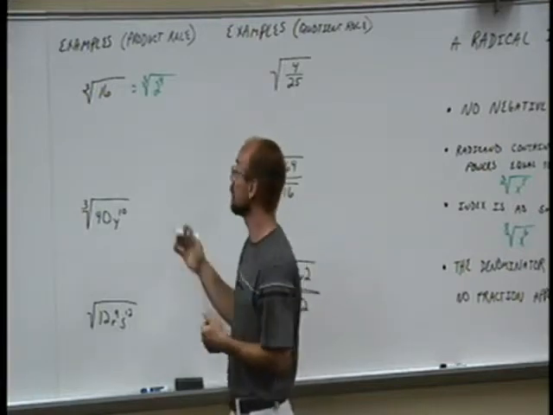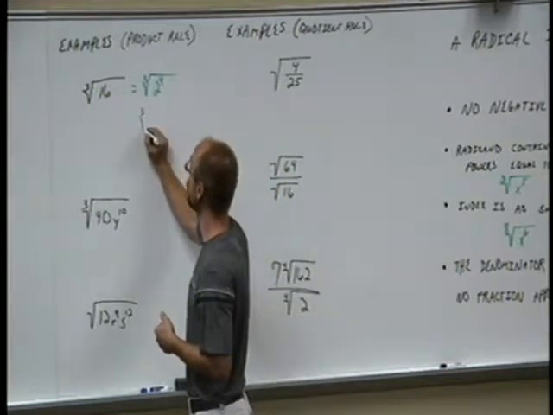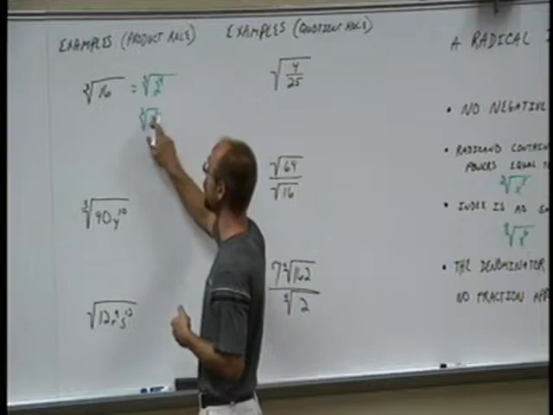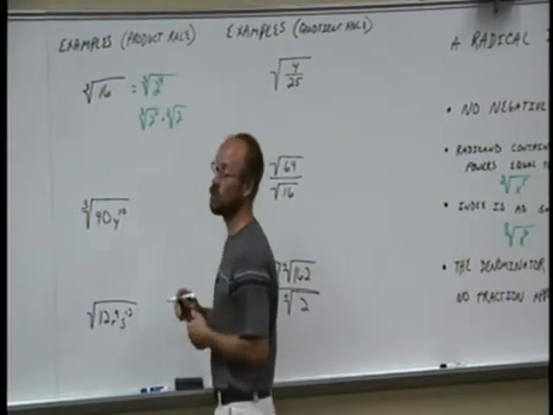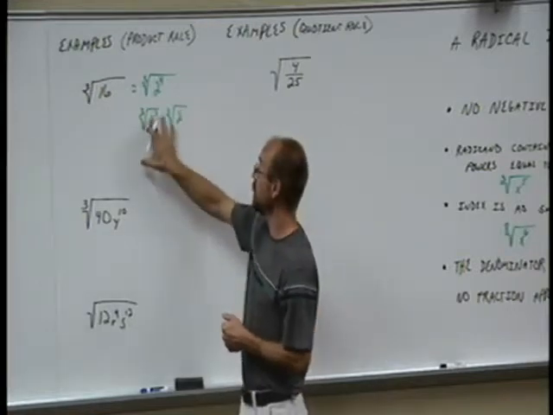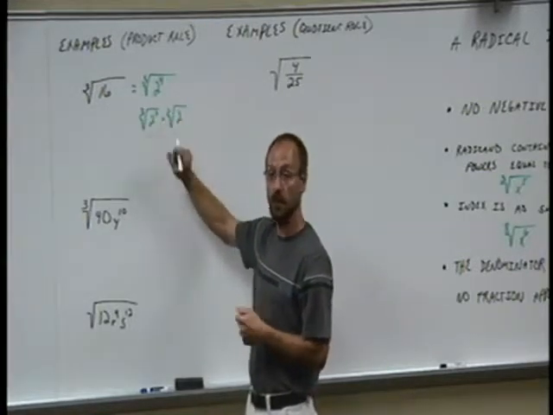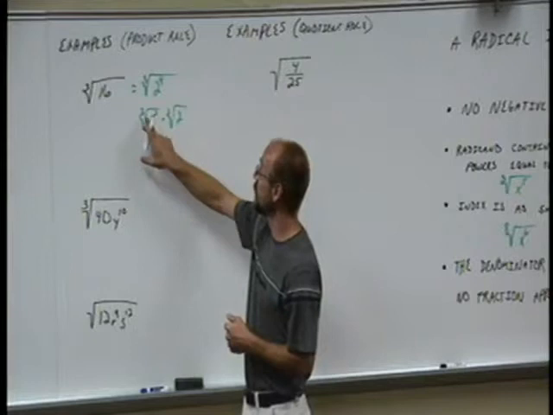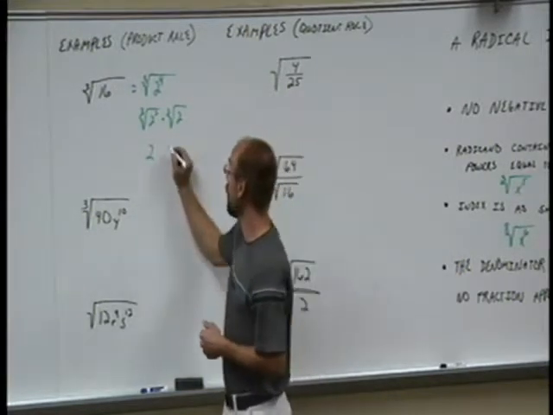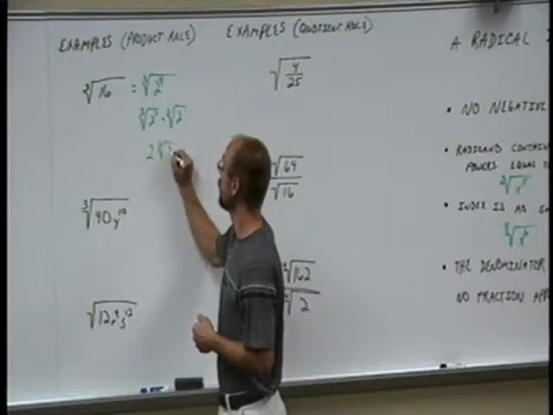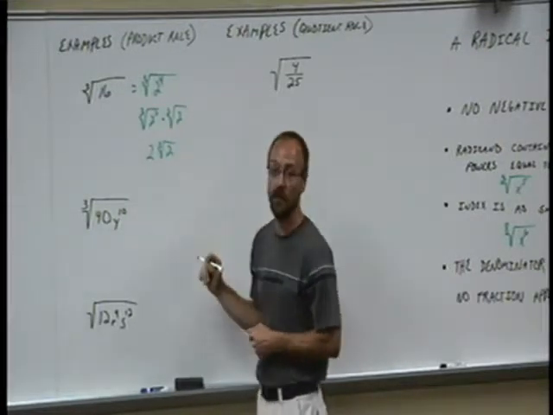Using our product rule, I can split this up as the cubed root of 2 to the 3rd, a perfect cube, times the cubed root of 2. So they still have the same index. We can use the rule. Here we have the cubed root of something cubed, that 2, times the cubed root of 2. So we simplified this using the product rule.